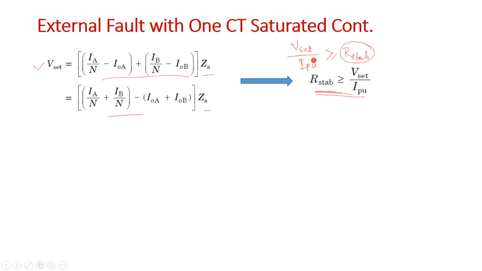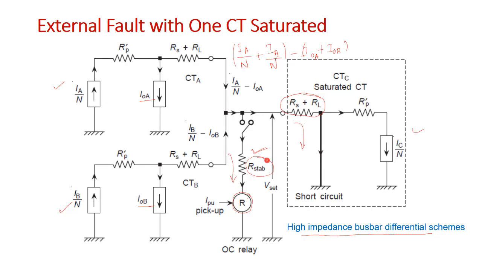Okay. So if you will see this figure again, your V set by I power unit will give us a resistance value that should be greater than R stabilize in order to stabilize this differential scheme to the external fault, right.